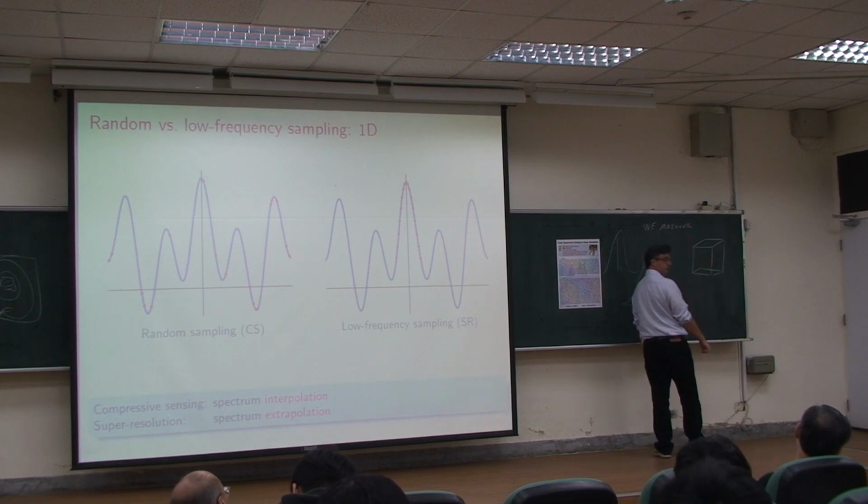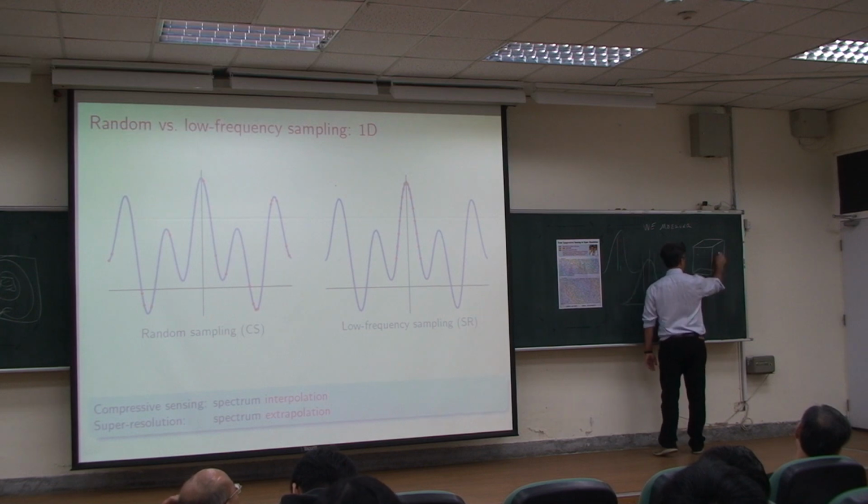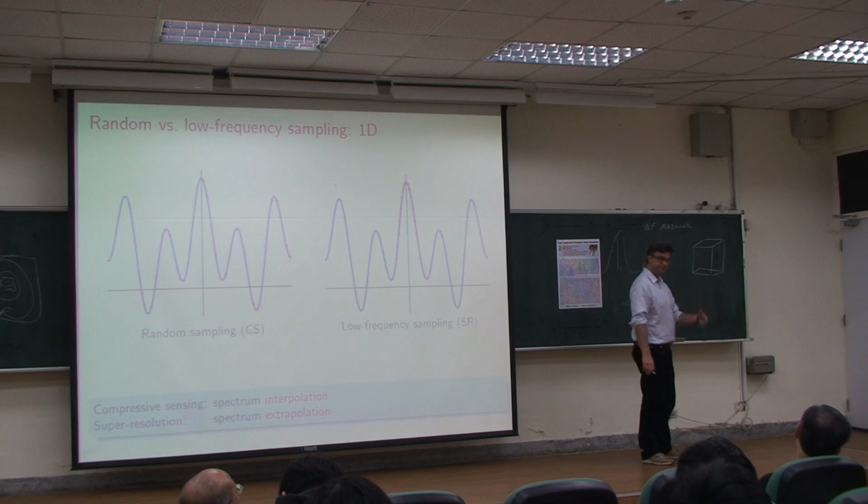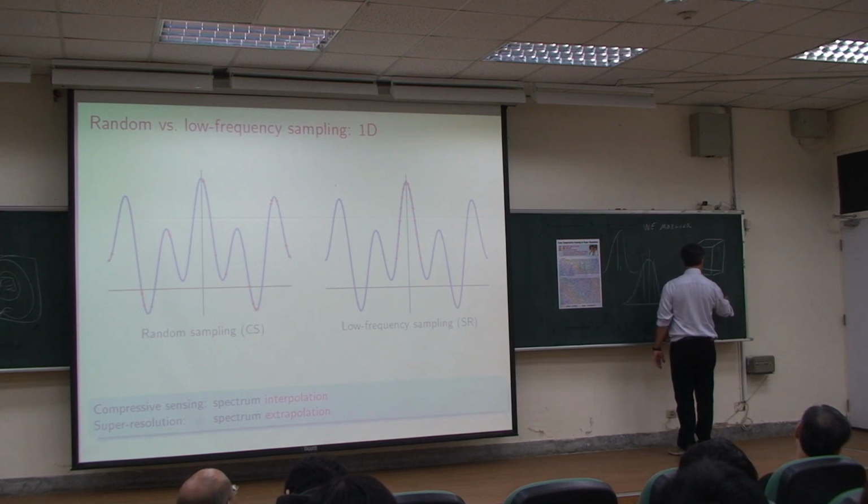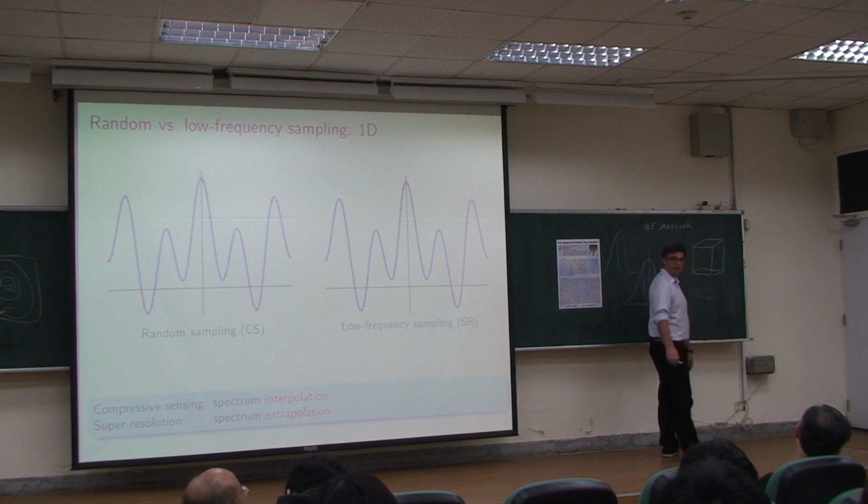So you have your cube like this, okay? Now, molecules are in X, Y, Z, they are here. And so they're going to fluoresce. Now the fluorescent light is going to be collected on a phase plate.